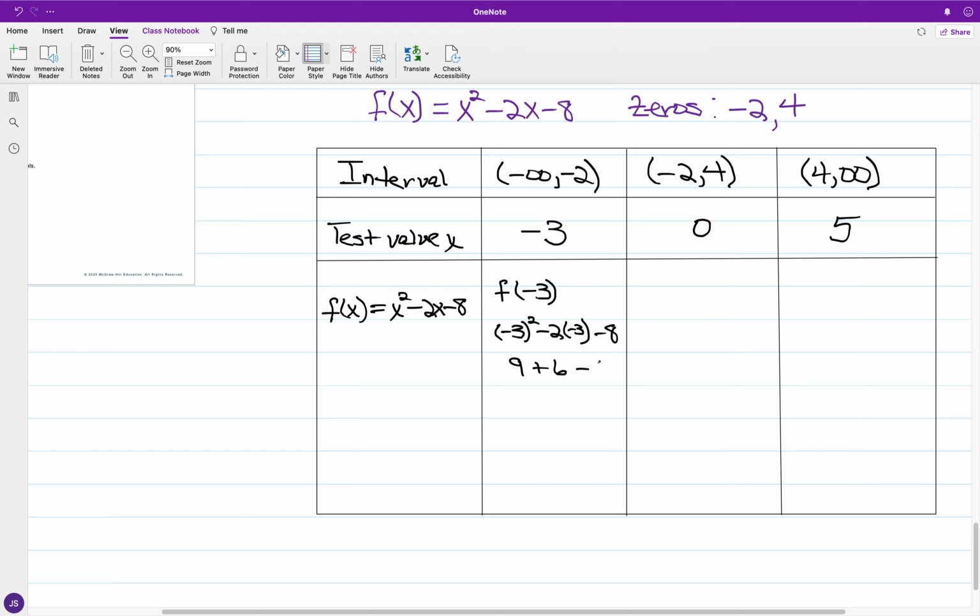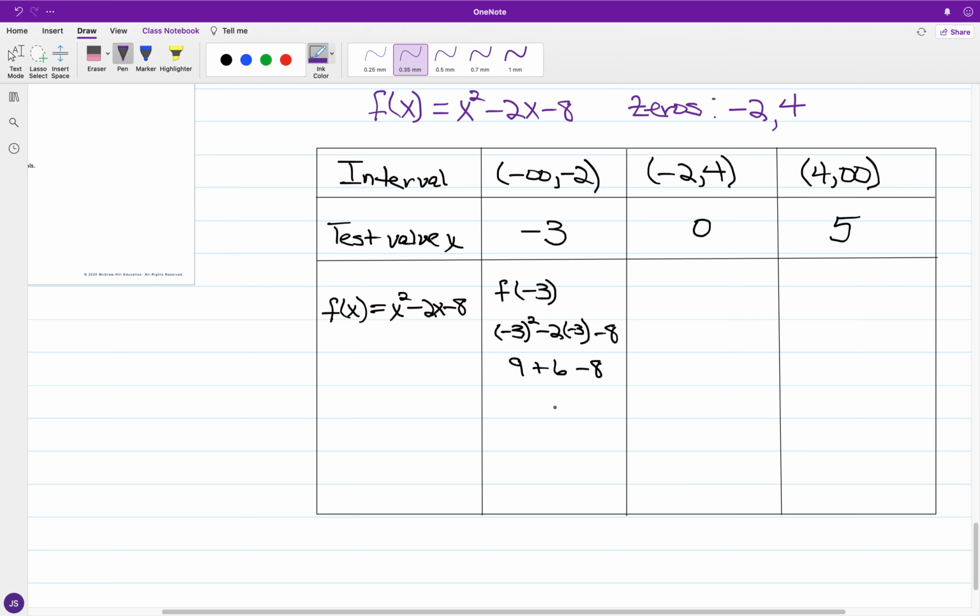I have minus 8, and 15 minus 8 is a positive 7. And for f of 0, variable terms will be rendered negligible, and so f of 0 is going to be -8.